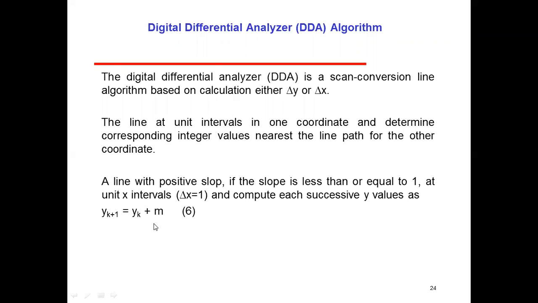Because we want to settle a number of intervals. After this digital differential analyzer, we can handle a number of problems, and whenever we do one or two questions, you can understand the working of the digital differential analyzer, also the simple DDA and symmetrical DDA.